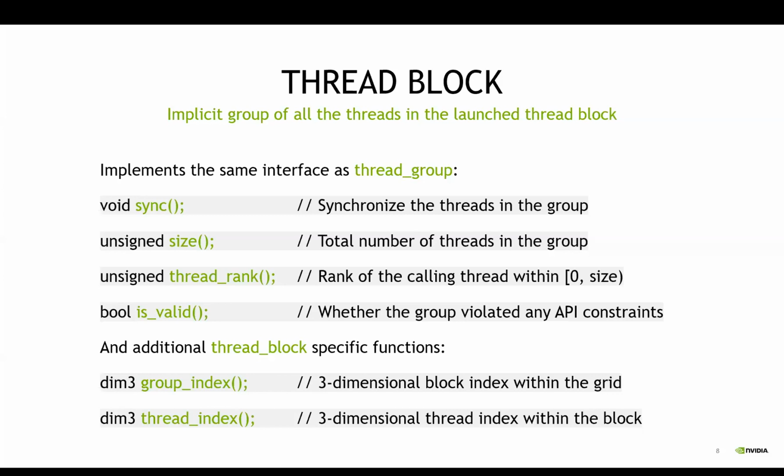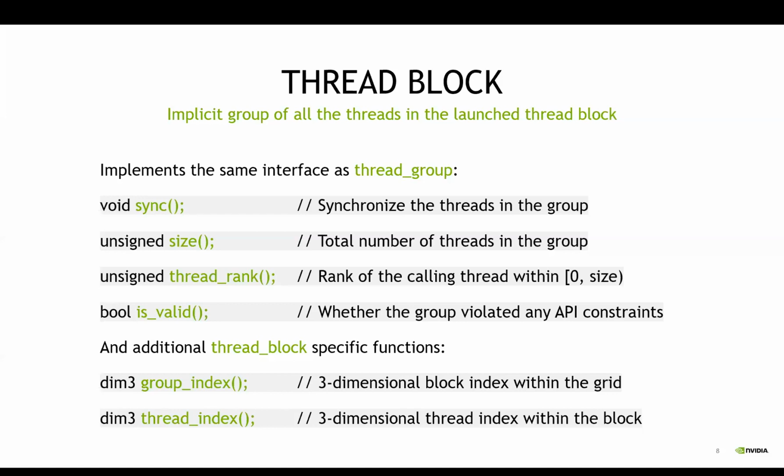In other words, a unique value. This is sort of related to the idea of threadIdx.x, let's say, if we were working within a thread block, but it's not really a completely identical idea because threadIdx.x will be unique across the thread block, whereas thread rank is only unique within the group.